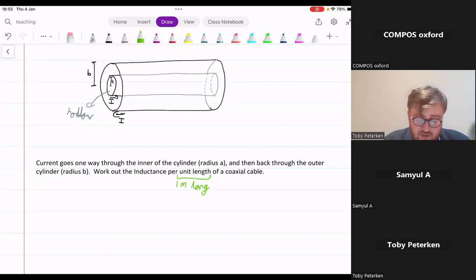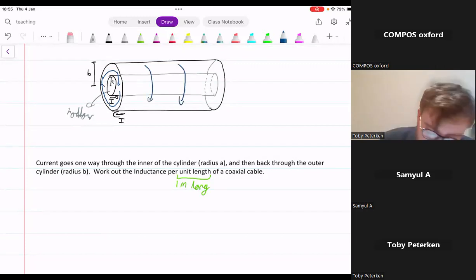So let's look at this. We've got a current traveling in this direction. So the magnetic field is going to loop round in this direction. It's going to loop this way. So to look at the flux, we need a surface.